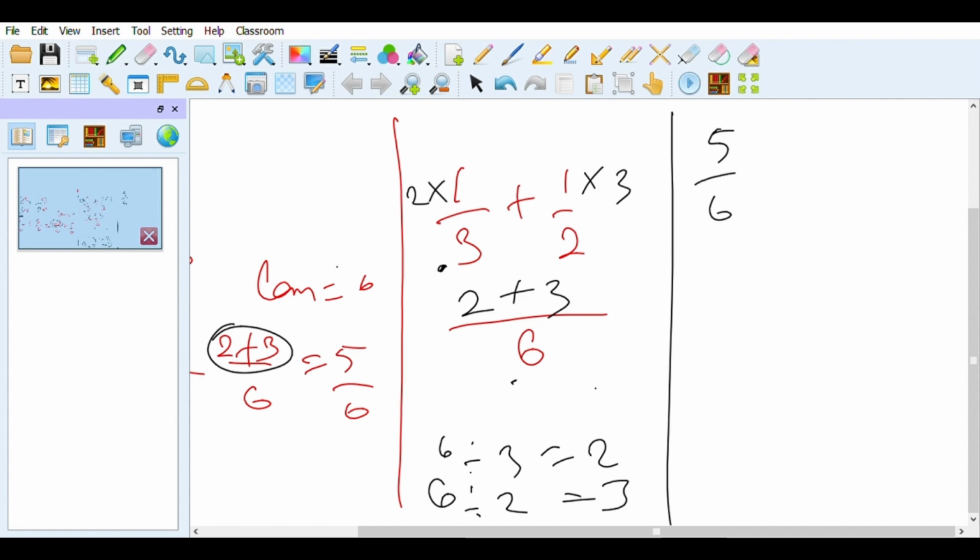All right, so now we're going to take some examples. Now that we know the basics of addition, subtraction, multiplication, and division, let's take this example.